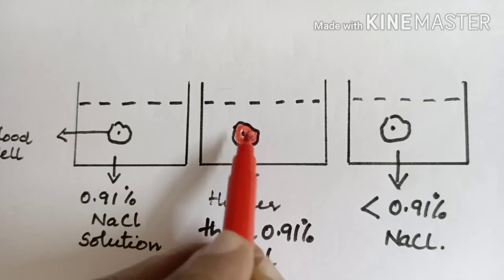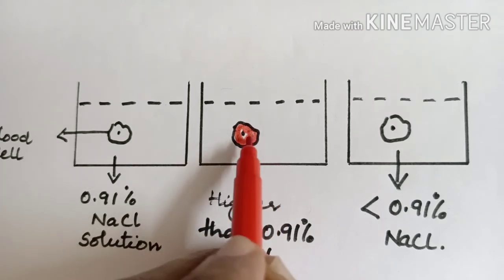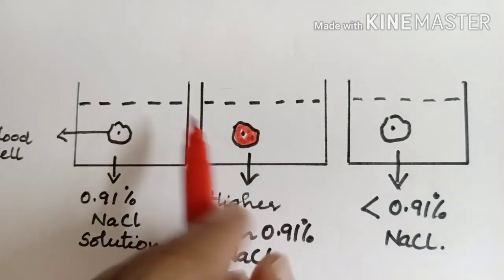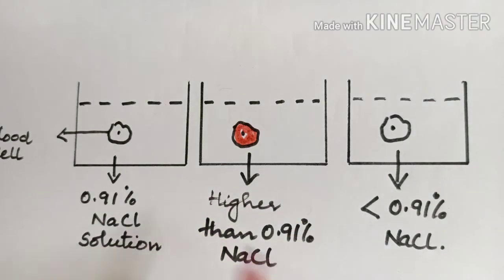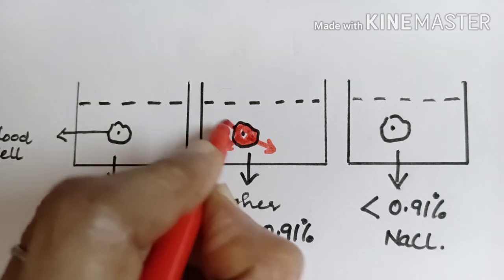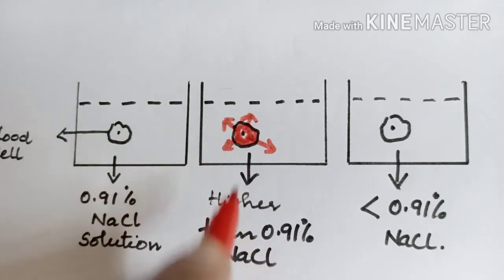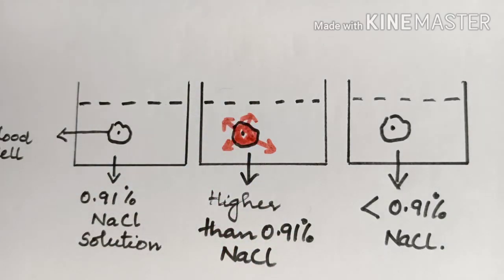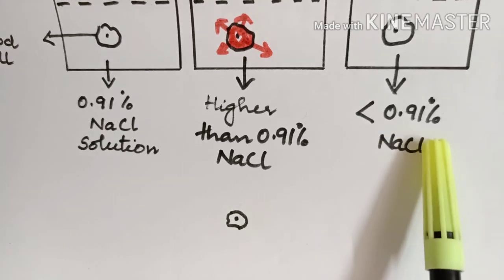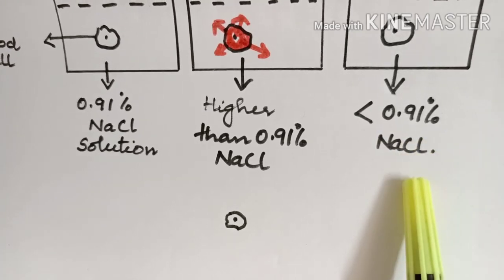Concentration is more, and so we know that osmosis is a process of transfer or movement of molecules from a region of higher concentration to a region of lower concentration. As a result, it undergoes exosmosis. That means you find that the size of the cell will shrink in the case of the solution which contains more than 0.91% sodium chloride.